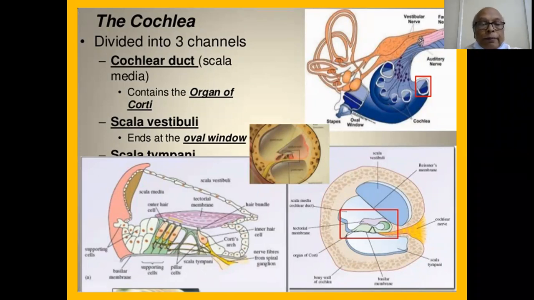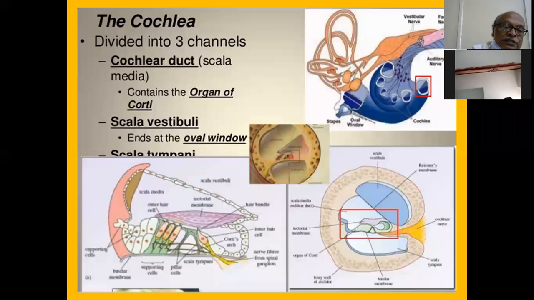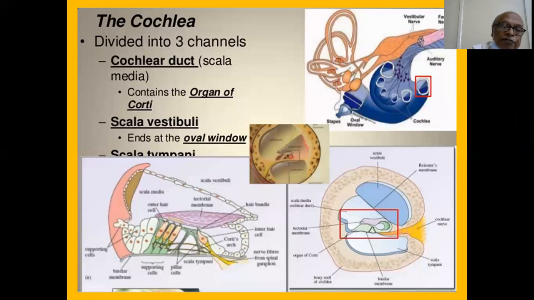Once the basilar membrane vibrates, the tectorial membrane also vibrates, and these vibrations produce shearing strains for the hair cells. These shearing strains produce depolarization of the nerve endings, and nerve impulses are created, and the nerve impulses are carried through the auditory nerve fibers into the eighth nerve.